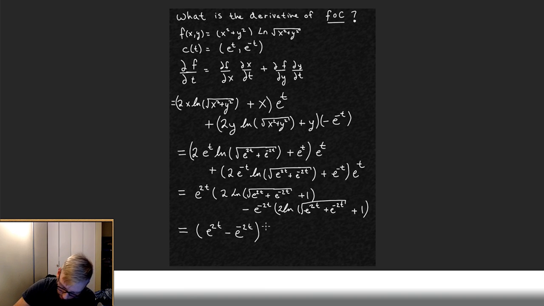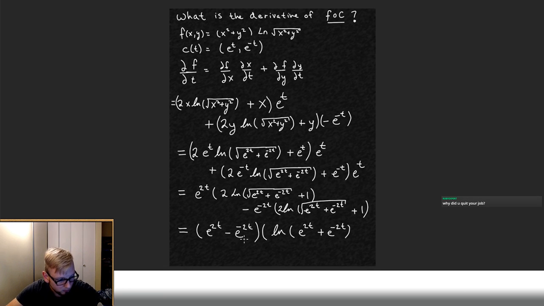So these two come out, and then we can multiply that onto the remainder, which will be natural log of e to the 2t plus e to the minus 2t.